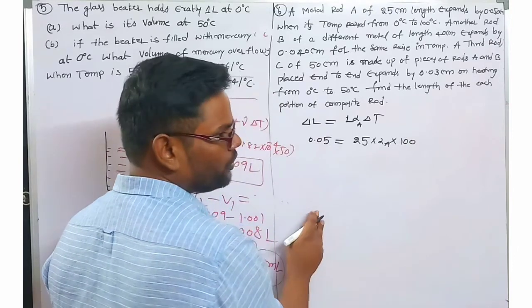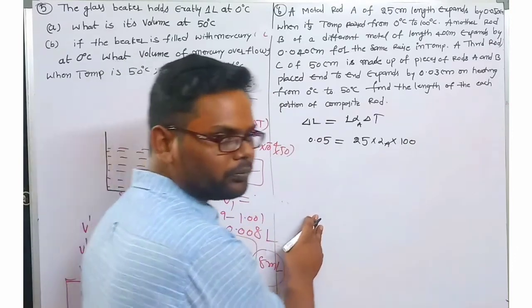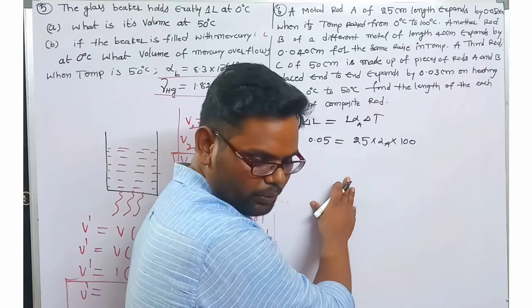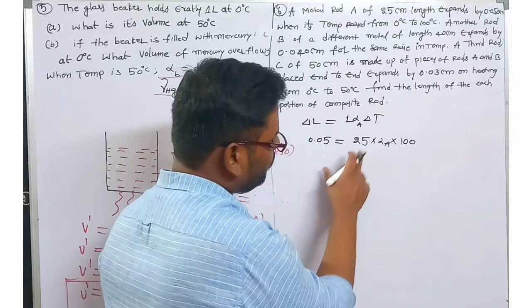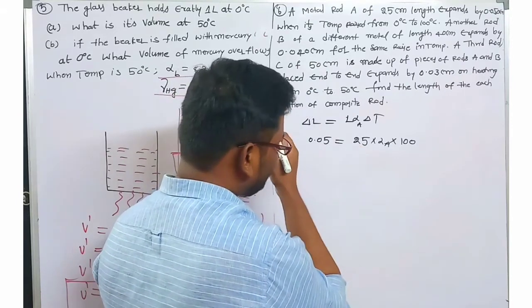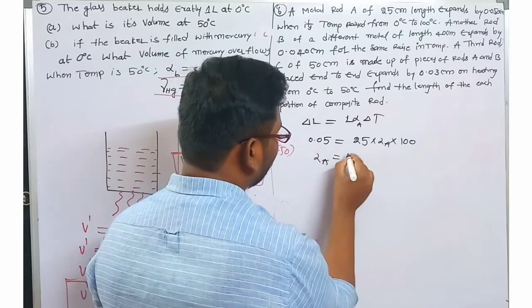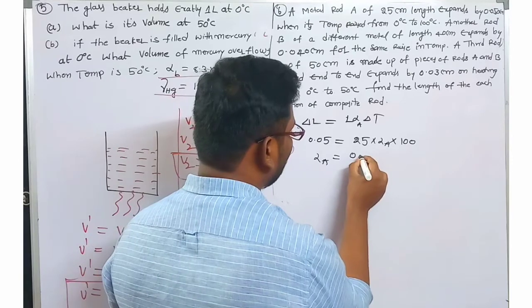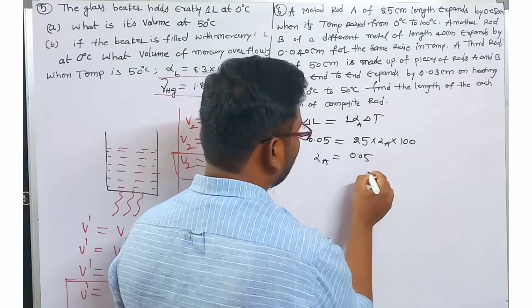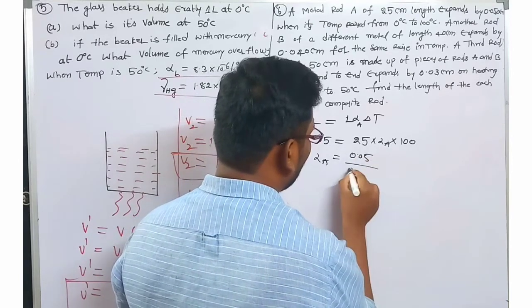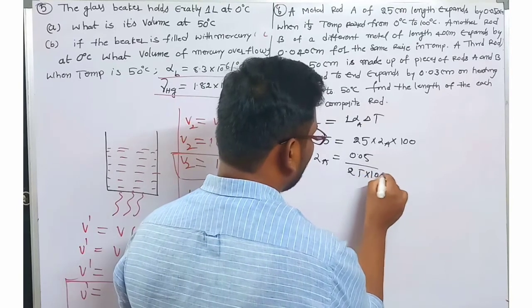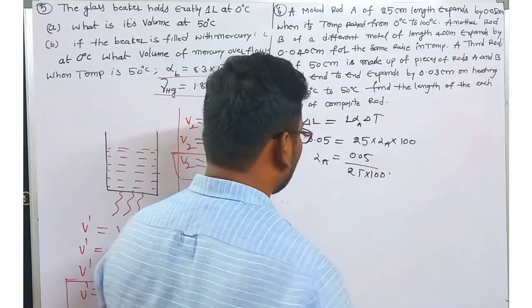If you solve this, alpha A is equal to 0.05 by 25 into 100.